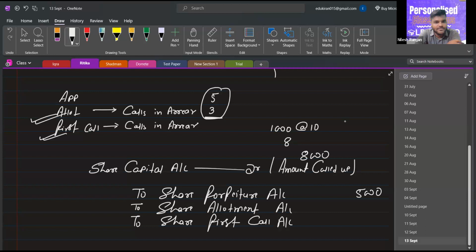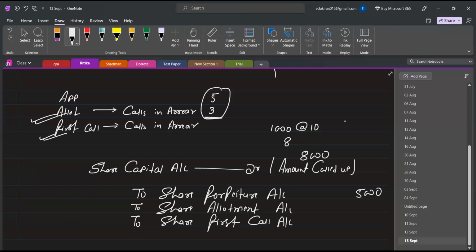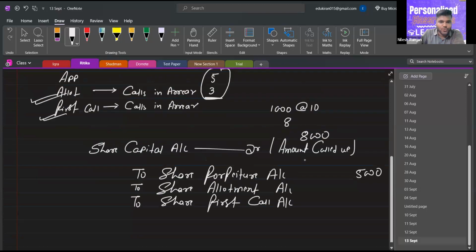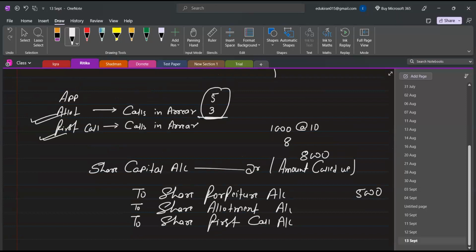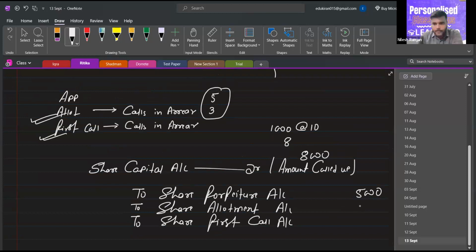So I'm saying that the call we have made is also to be cancelled. So the allotment call. Which call have we made here? Allotment. Yes, sir. So 3,000.